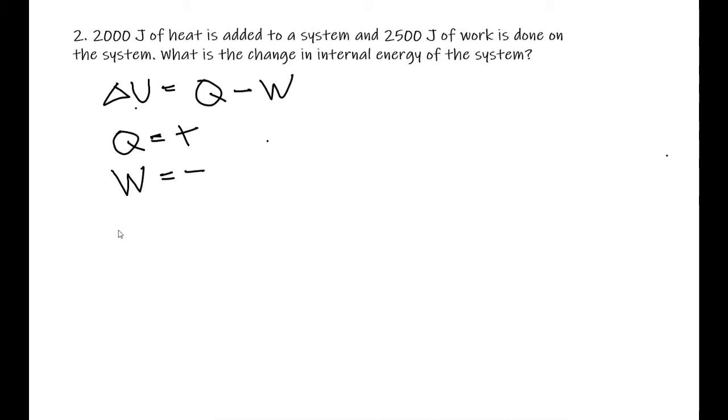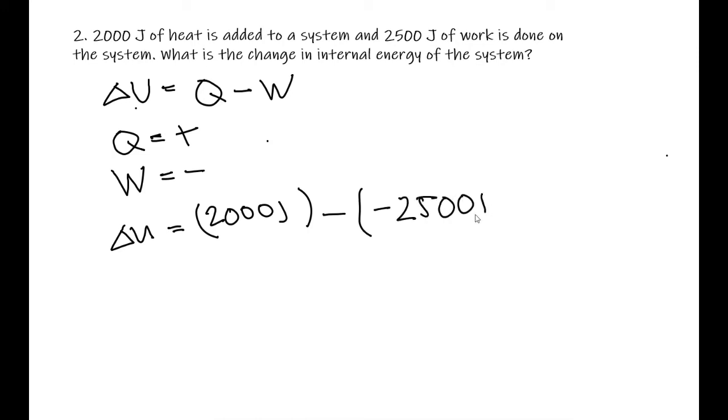Delta U equals Q, 2000 joules, minus negative 2500 joules. So negative, negative, positive. So our delta U is equal to 4500 joules.